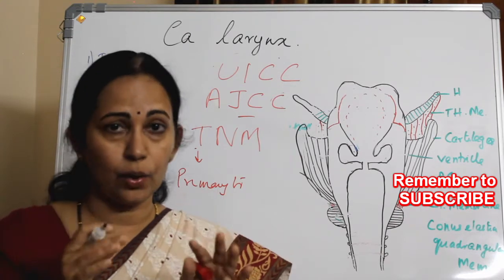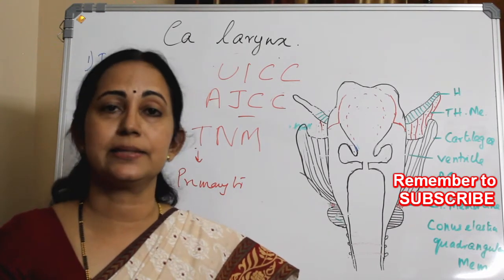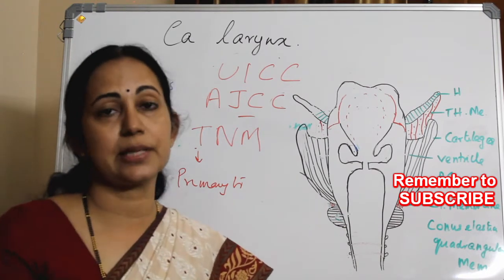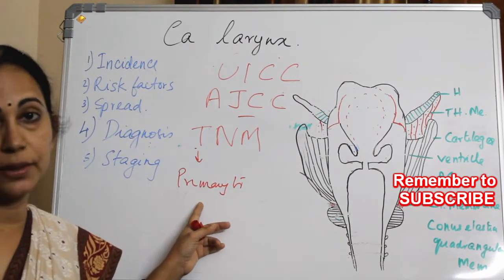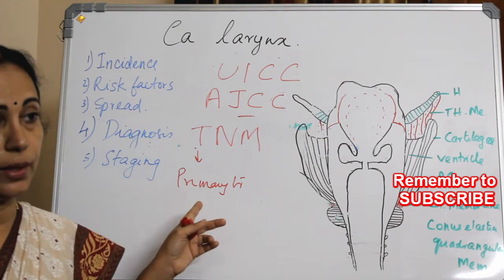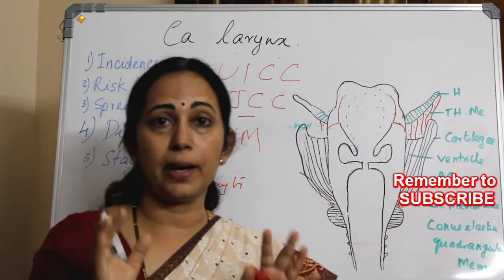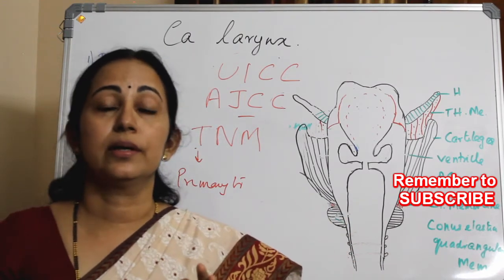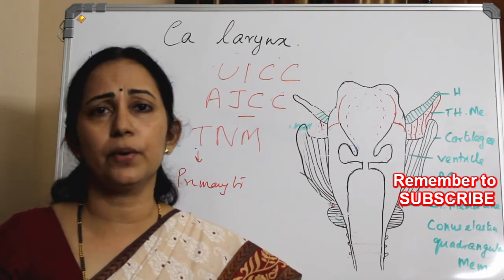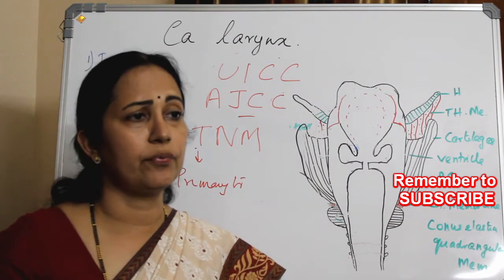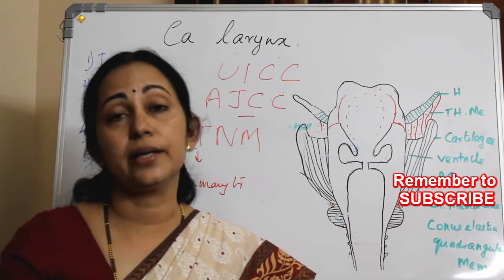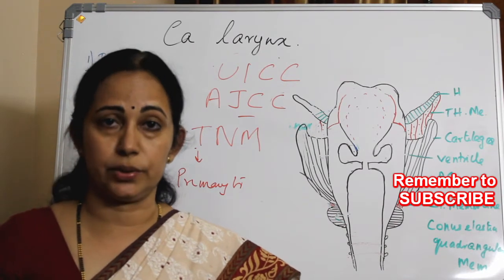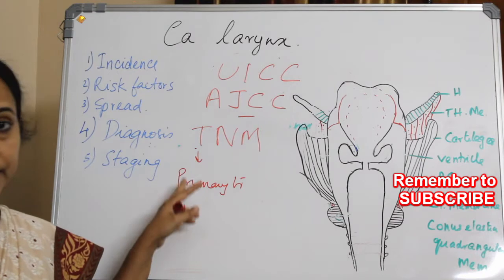I explained that along with the spread of CA larynx, and it is the extent to these subsites that determines the T staging, not the size or bulk of the primary. And here the fixity of the vocal cord is very important. So you should be very careful in finding out the fixity of vocal cord. Whether fixity of vocal cord is present or not plays an important role in T staging.